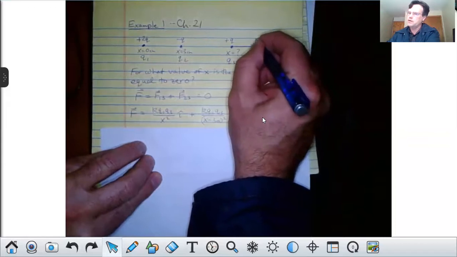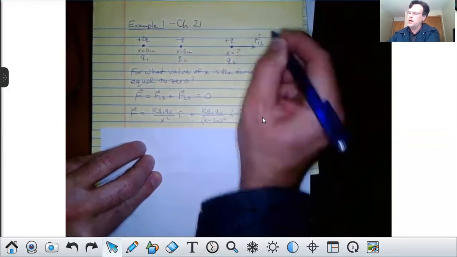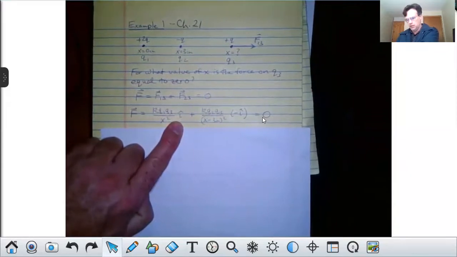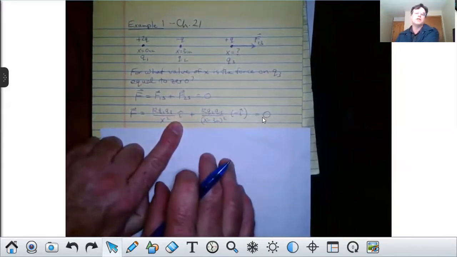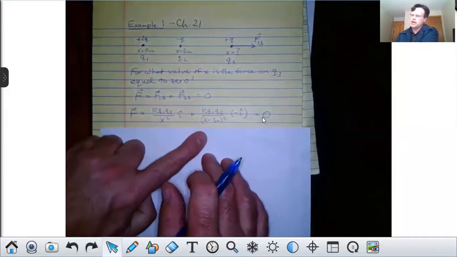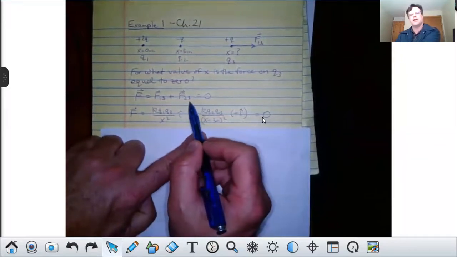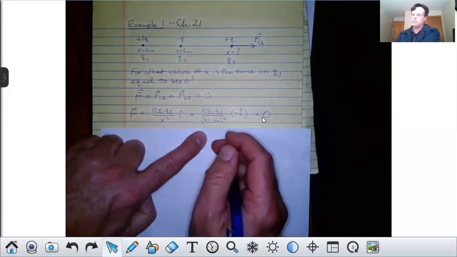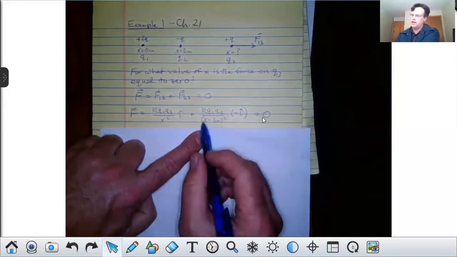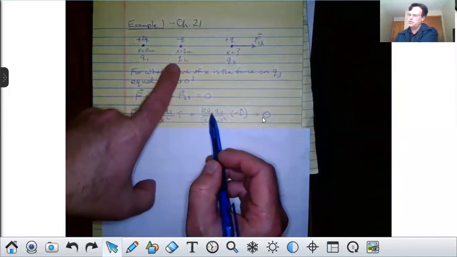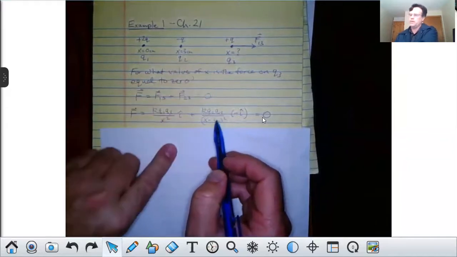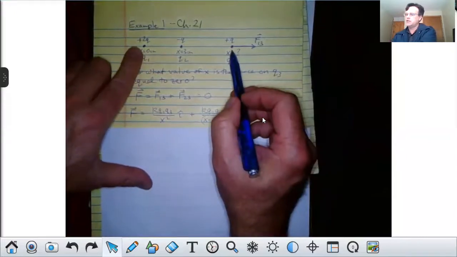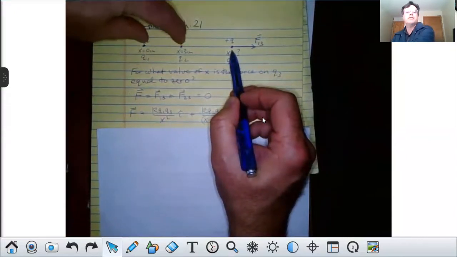So F13 is to the right, in the positive i hat direction. I'm using the unit vector notation here. So let's go to the force of charge 2 on 3, F23. Again, using Coulomb's law, I have k times Q2 times Q3 over the distance between them squared, which is x minus 3 centimeters.